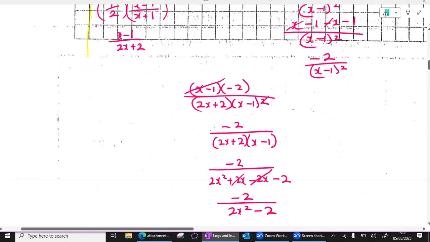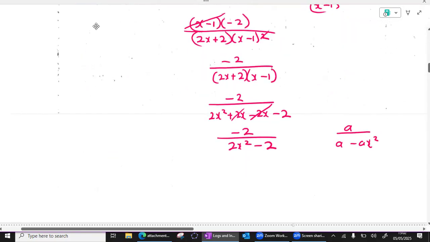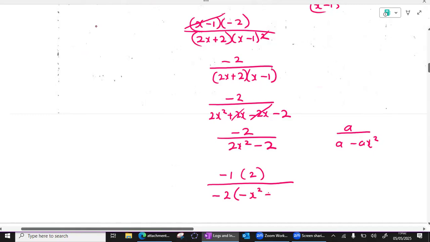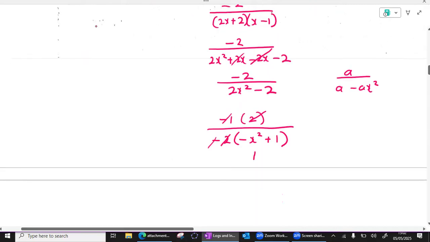Now we're very close to the answer at this stage, but remember at the top of the page it says the answer has to be in this form. Let me write it out so you can see it. The answer is supposed to be in the form a over a minus ax squared. While it's close, it's not exactly that. So I'm going to factorize out a minus 1 from the top, and a minus 2 from the bottom. That leaves me with minus x squared plus 1. Now the 2's cancel, but the minus cancels as well.